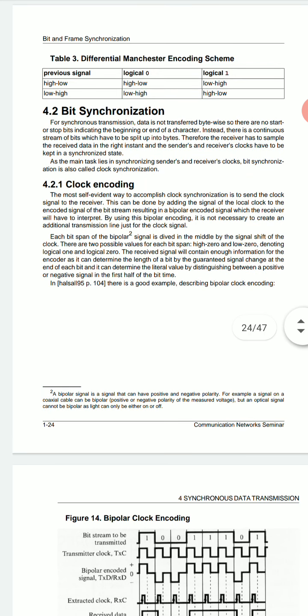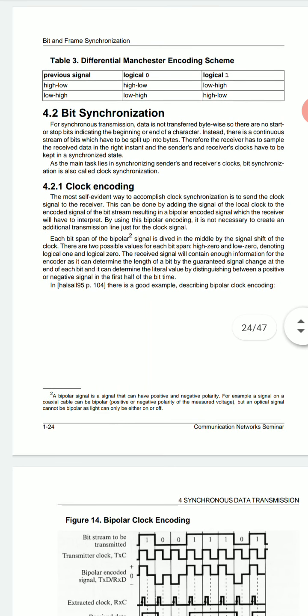There should be spare capacity available, because it uses the channel capacity for the transmission of the clock. And third, extracting the clock signal from the signal itself, which means self-synchronization. Self-synchronization is more efficient and we can use it more often.